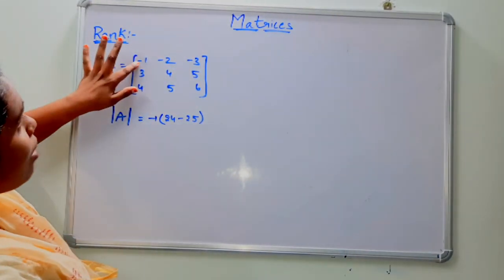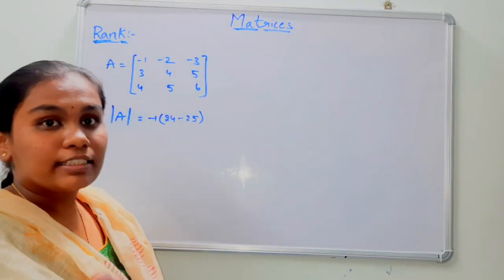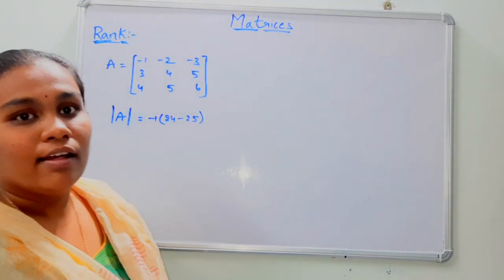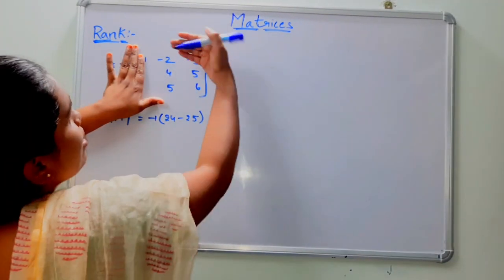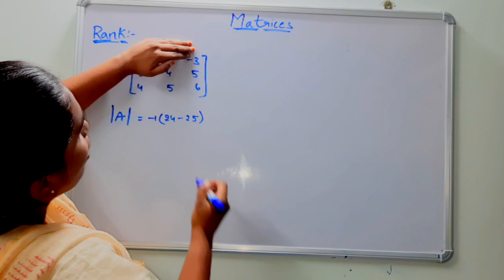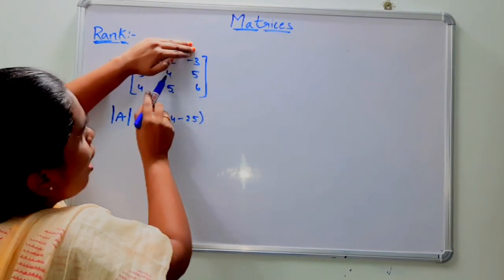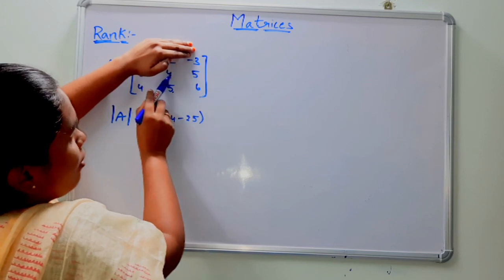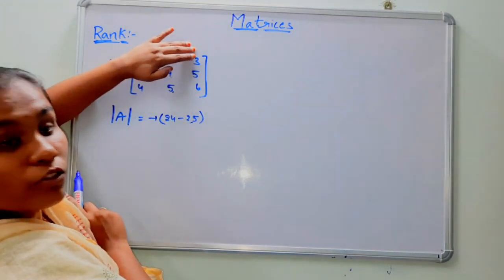So we have kept minus 1 here. I am telling you how to find the determinant in an easy way without the formula. For minus 1, we close the particular row and column. What are the elements remaining? 4, 5, 5, 6. So we multiply like this: 4 6s are 24 minus 5 5s are 25.